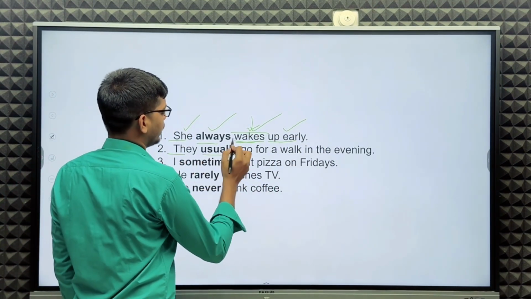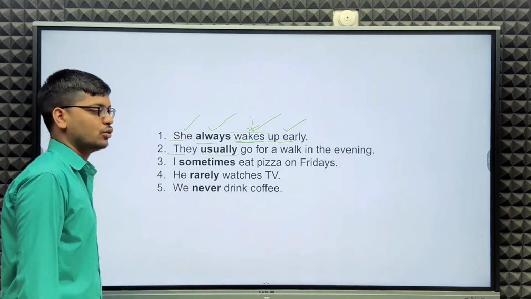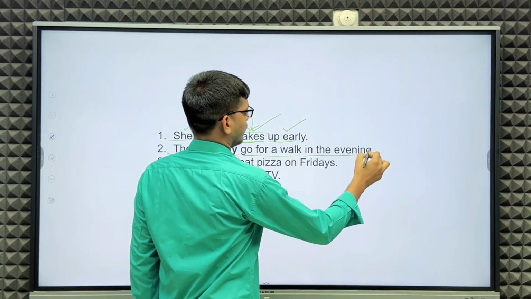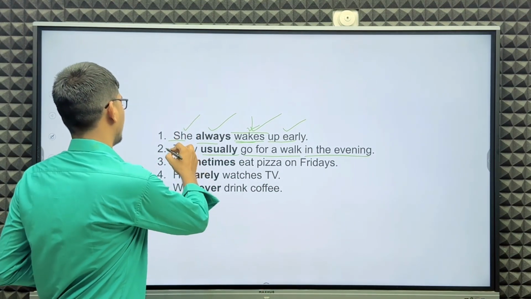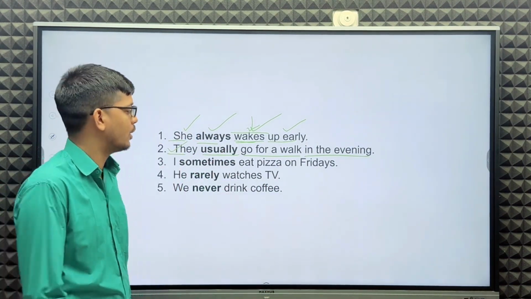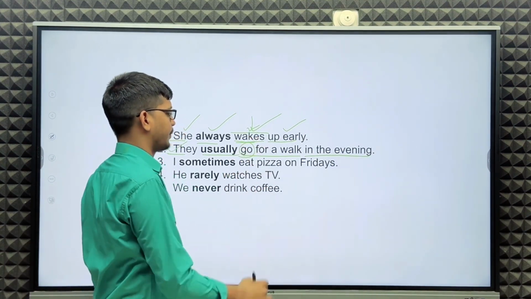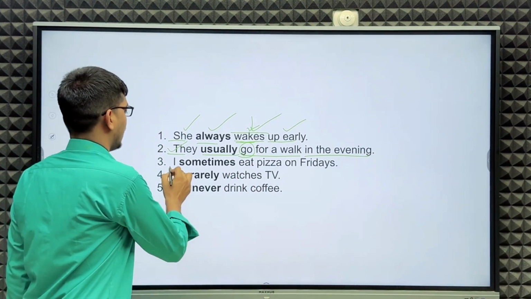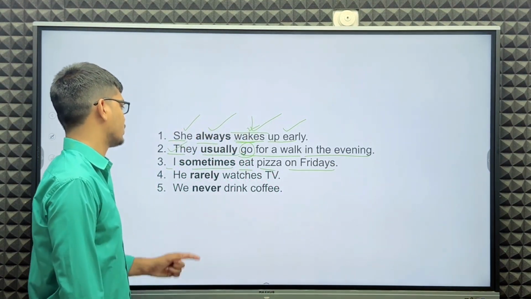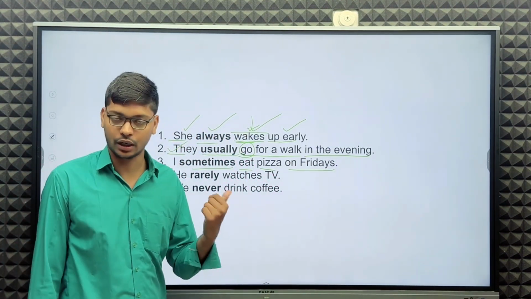Next, they usually go for a walk in the evening. So they, plural subject, so with this subject we use only the base form of the verb, go here. Next, I sometimes eat pizza on Fridays. Sometimes, irregularly.